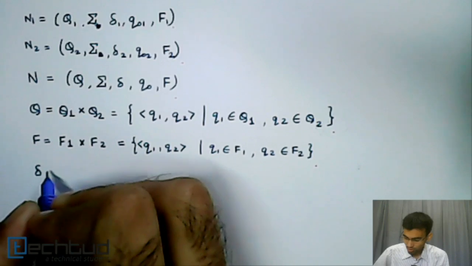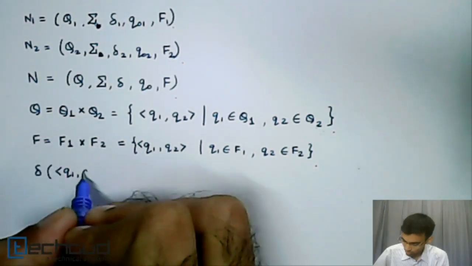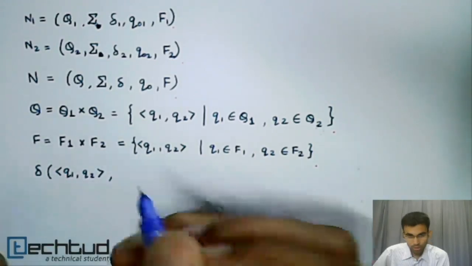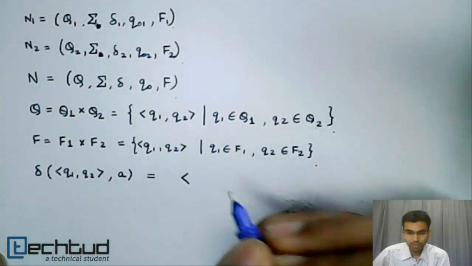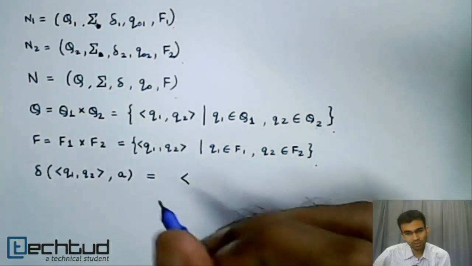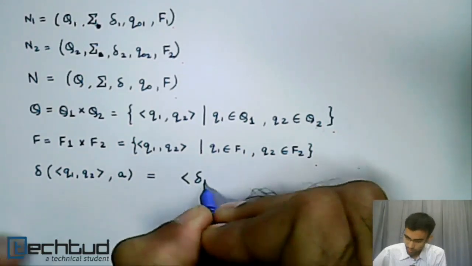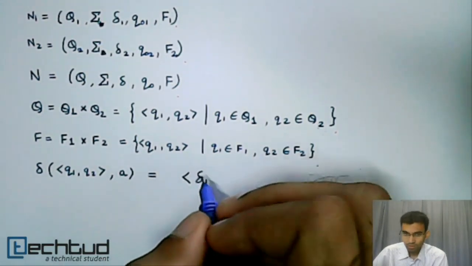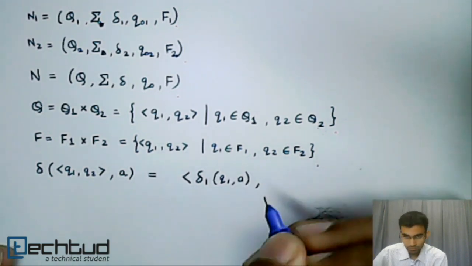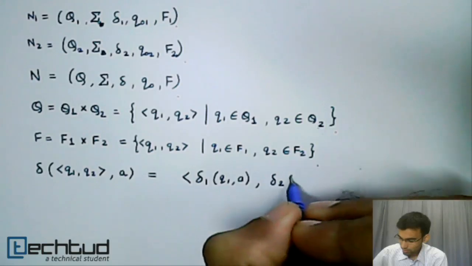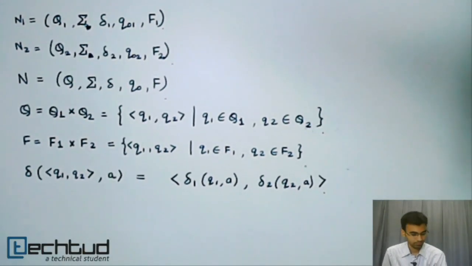So delta of the state (Q1, Q2) on a symbol A will be a new state, which is a pair we obtain by simulating N1 with Q1 on an A and simulating N2 with Q2 on an A. Right?